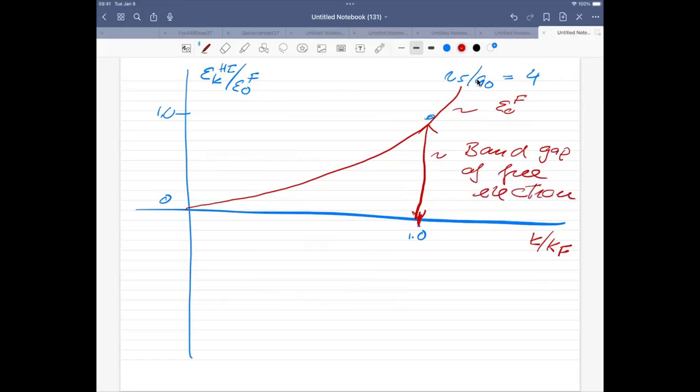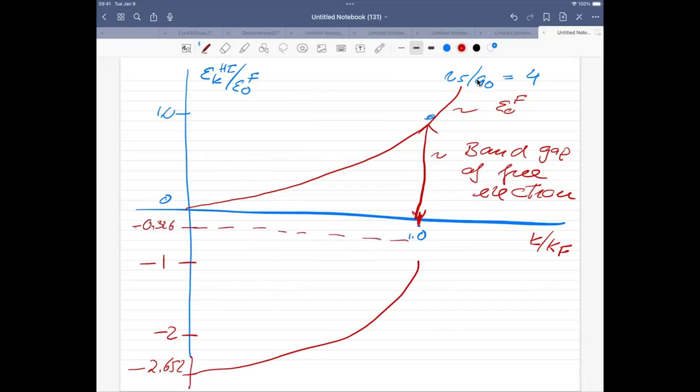Now, if I plot this Hartree-Fock energy divided by the non-interacting energy, we start at -2 here, slightly below -1 here. The value which we would start at is -2.652 here. And this goes up like this, and there's a small value here, let's just put -3.26, so this will be the value at the gap here.